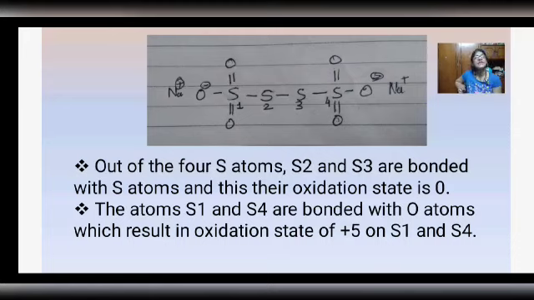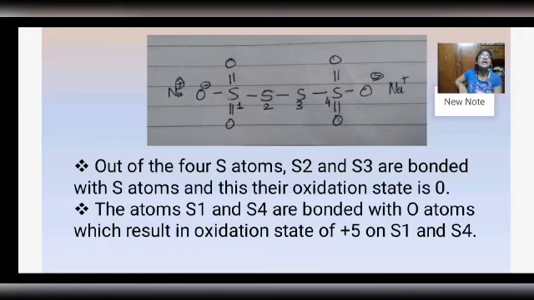One oxygen has a minus sign and 2 oxygens will have -2 as oxidation number. So 2 oxygens at -2 means -4, and 1 oxygen has 1 negative charge, which comes to -5. So as it is associated with oxygens having -5 as oxidation number, naturally S1 will have an oxidation state of +4.